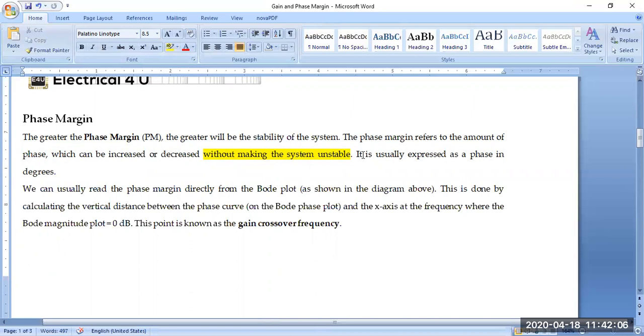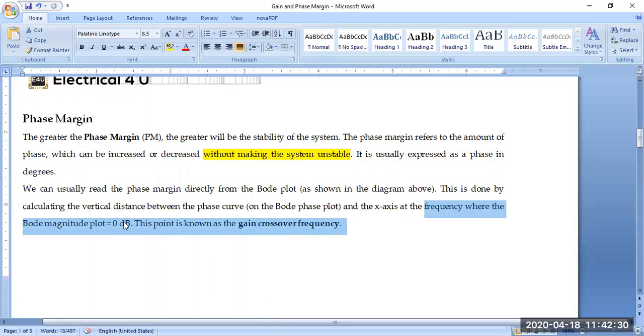So we keep a margin between the phase angle in which we can increase or decrease the phase angle so that the system does not become unstable. It is usually expressed as a phase in degrees. We can read the phase margin directly from Bode plot.